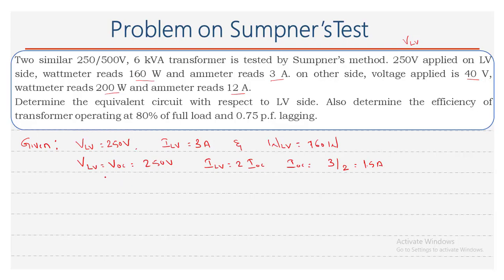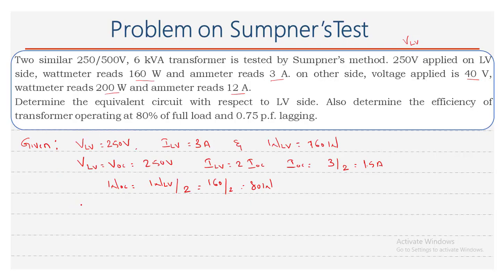As the wattmeter reads the iron losses in both the transformers, WOC is equal to the wattmeter reading on the primary LV side divided by 2, that is 160 by 2, that is equal to 80 watts. These are the data extracted from the LV side.